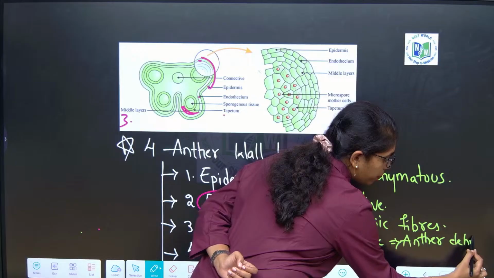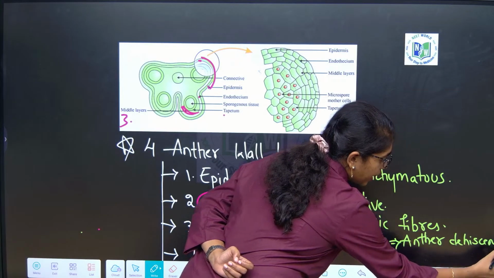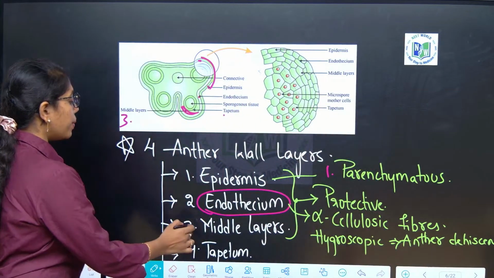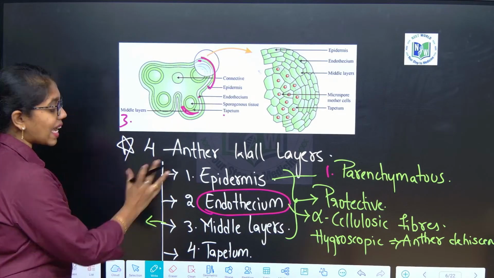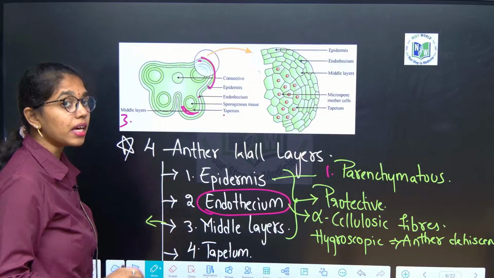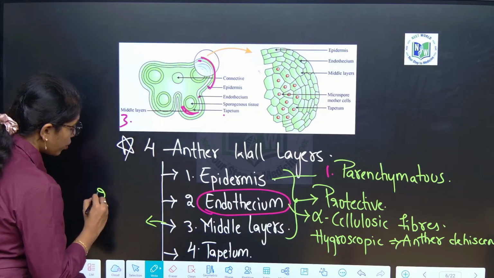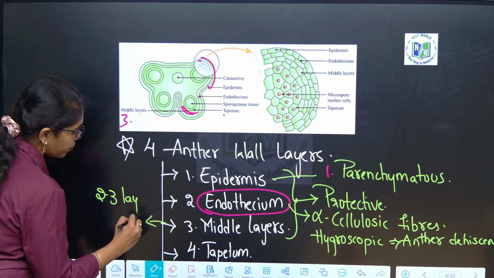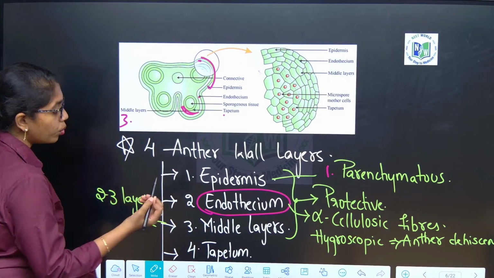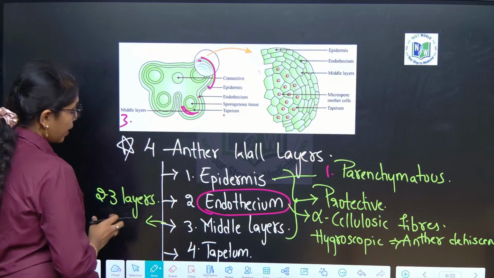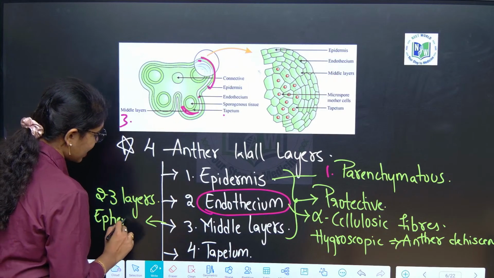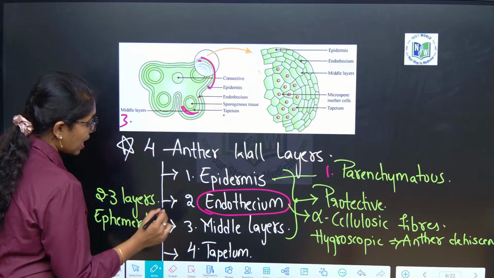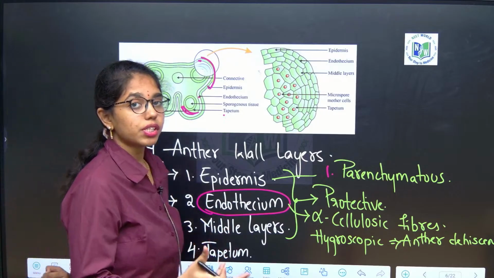Dehiscence is nothing but what? Release. Anther dehiscence. And next, the middle layers can be 2 to 3. Epidermis and endothecium are just one layer, but the middle layers can be 2 to 3 layers, and they are ephemeral. What does the term ephemeral mean? They degenerate after some period of time.